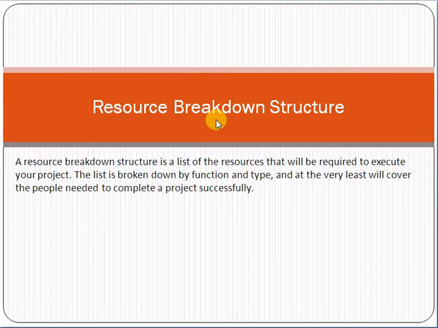So resource breakdown structure means that whatever resources are required for a project, we have to structure it, we have to break it down. You can think of a resource breakdown structure as a document in Excel or Microsoft Word, in which you list down and structure the resources which are required for a project.